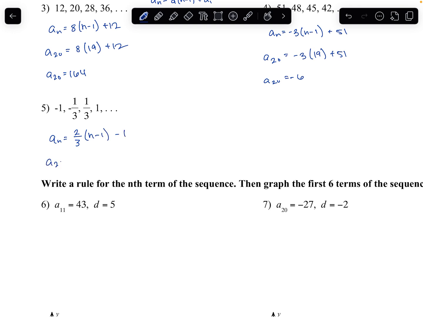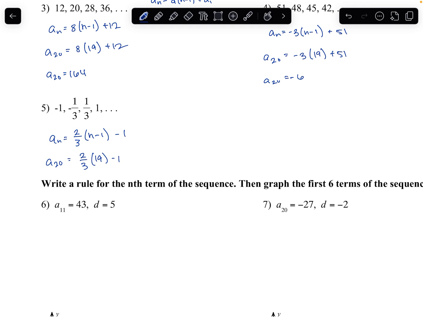And a sub 20 is going to be equal to 2/3 times 19 minus 1. So let's see. All right, 2/3, and then we have times 19, and then we're going to subtract 1.